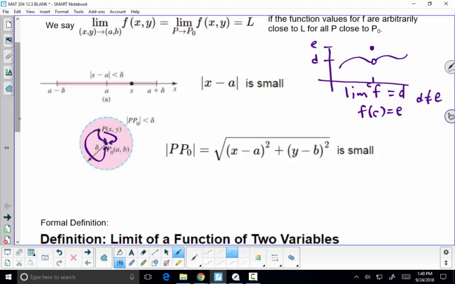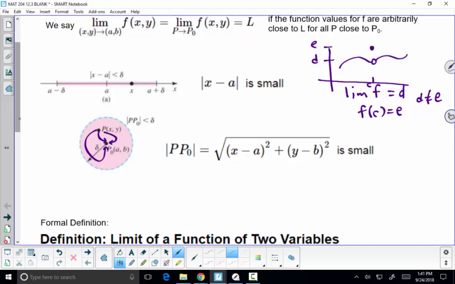So if this is true, if you can always find a delta, no matter how tight you build that little epsilon band here, no matter how small this is, if it's true for every single epsilon greater than 0, if no matter how small you make this epsilon band, you can always find a delta, then the limit exists. The limit is not going to exist if you have a gap. So if we have this situation here, we suspect that our limit is the value of the function. That's what we always suspect, that the limit's the value of the function.